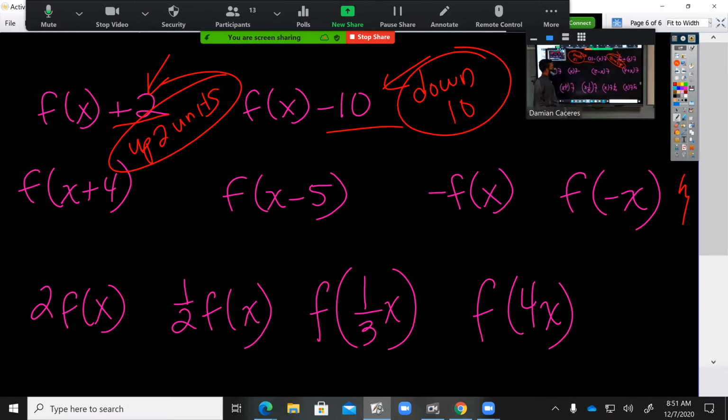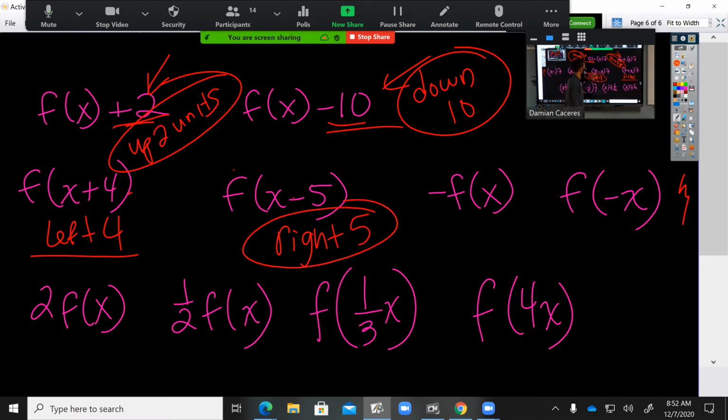Anybody confused on the vertical side? Those two are vertical because the number is outside of the parentheses. The next two are horizontal, which means you're going to put right or left. So this would be left 4 because it's plus 4. If it's minus 5, that's going to be right 5.